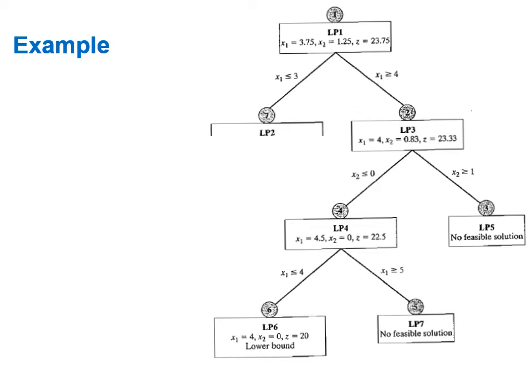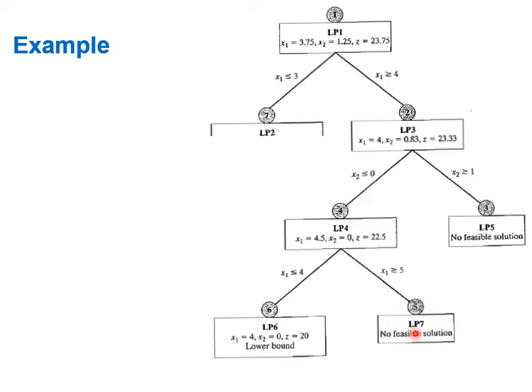And let's have a look at this branch and bound tree, what we have now. We started from this LP1, we included this one and moved to LP3. We went to this one and we have seen that this is infeasible. We fathom it, we return back to this one, solved it, and we saw that x1 is not integer. We branched it.